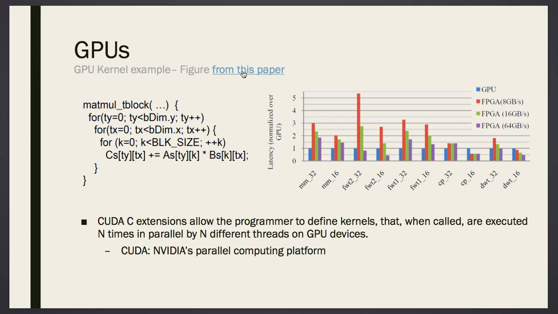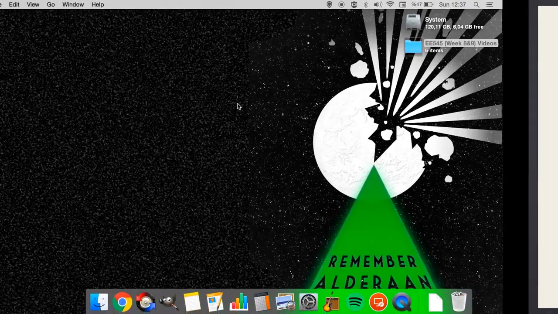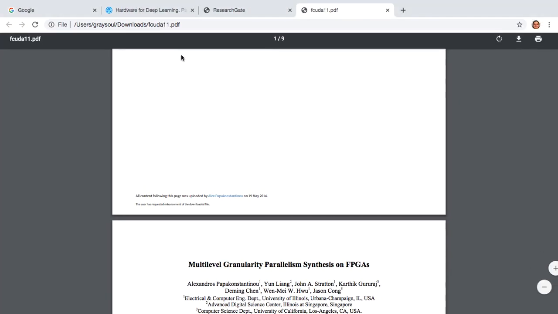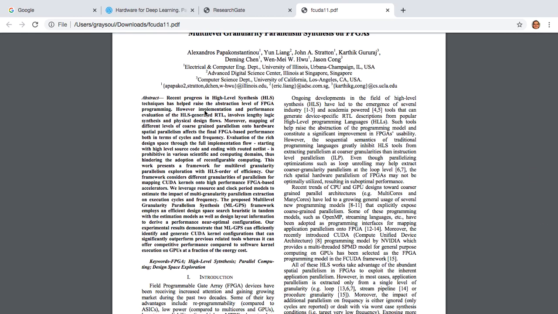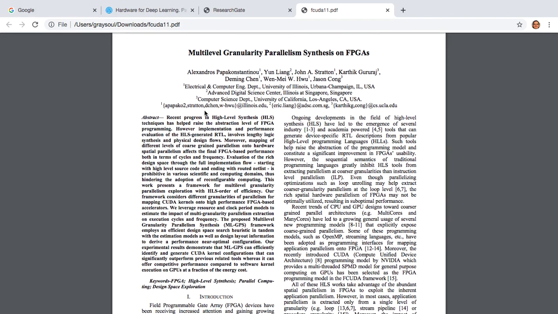And actually in this paper, let me show you that paper again. It is a very nice paper. What they do is they are implementing the GPU kernels used for deep learning on FPGA-based systems and comparing their speed. I'm going to discuss this when we come to FPGAs as well.